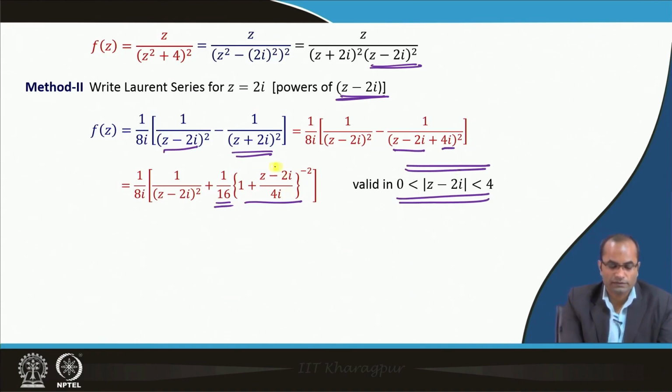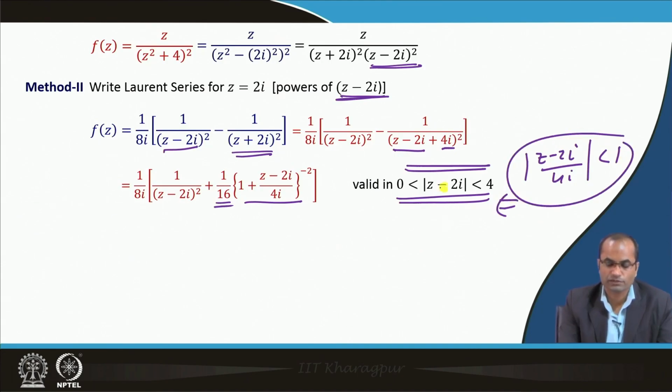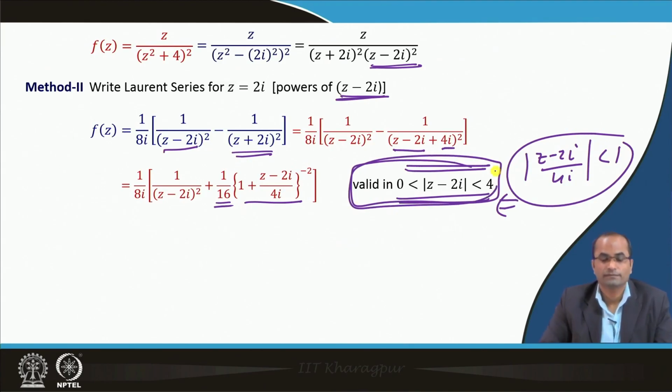That can be done by setting |z minus 2i| over |4i| to be less than 1. From here we are getting this region of expansion. So, exactly this is the region in which we want to expand the whole function to classify the singularity.